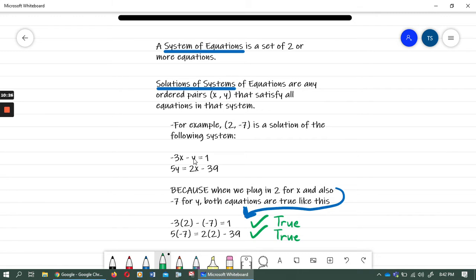Guys, since this lesson is about solving these systems of equations algebraically, we need to discuss two particular methods that we'll be using in today's lesson, and that you'll need to show and use for your practice problems.